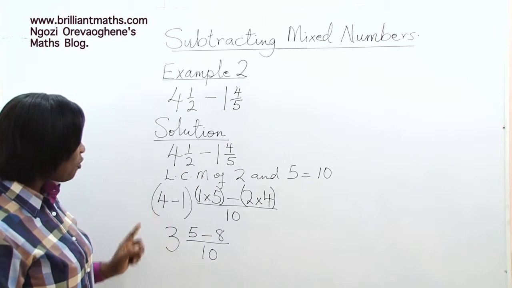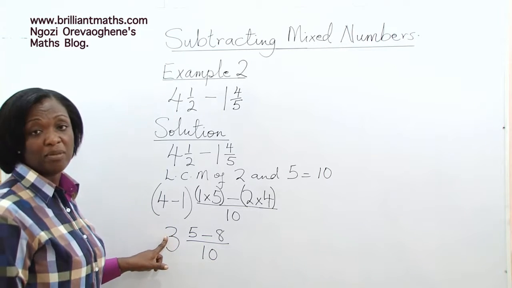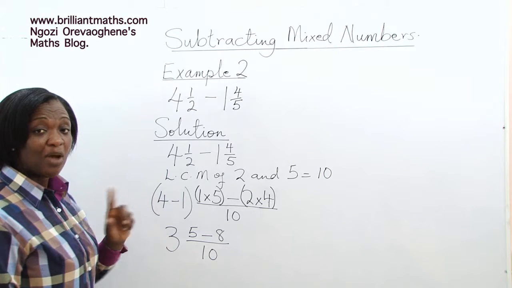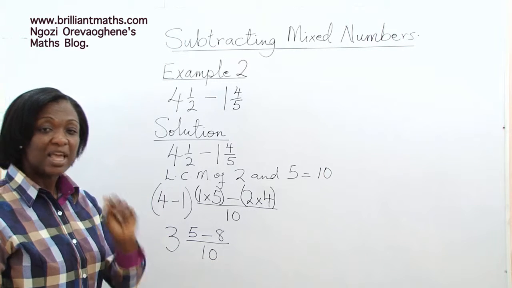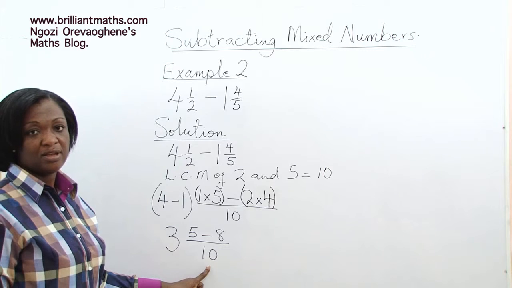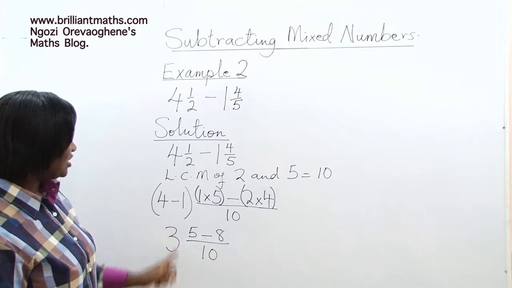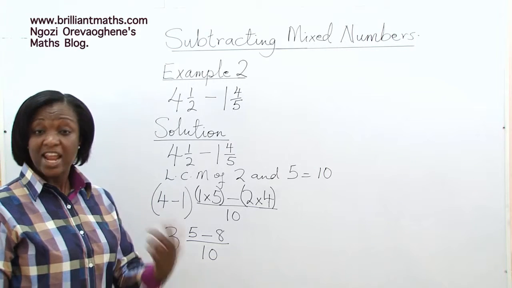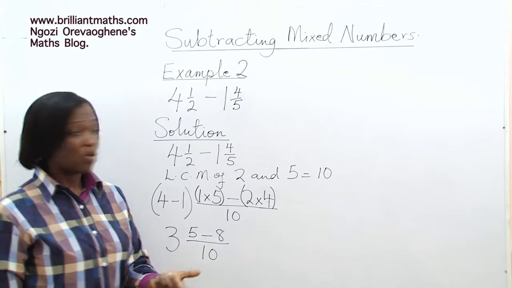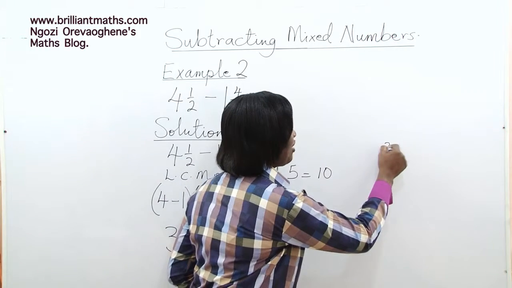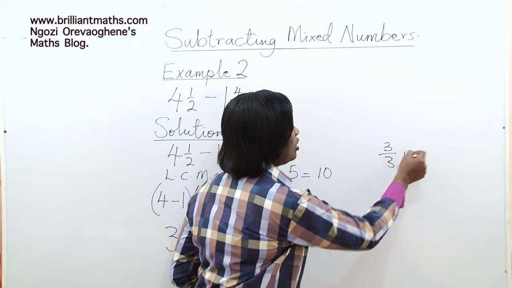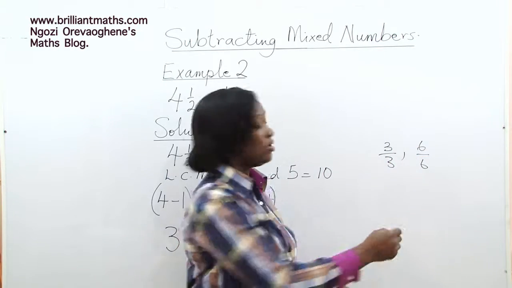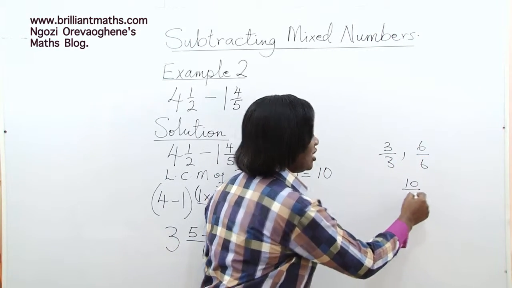So we need to borrow 1 from the 3 whole number, and that 1 we borrow has the same value as the denominator. So the 1 we've borrowed is 10 out of 10, because any number over itself is equal to 1. For example, we know that 3 over 3 is 1 whole, 6 over 6 is 1 whole, 10 over 10 is 1 whole.